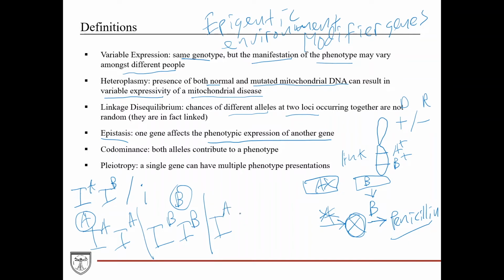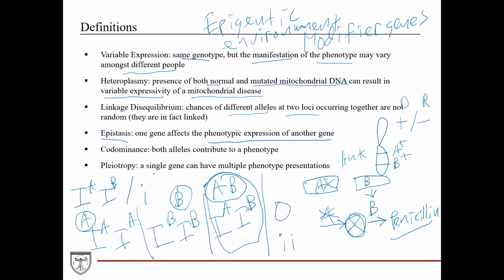And then they can have 1 IA and 1 IB, and this is what gives a person the AB blood type. And so this is an example of codominance. And then lastly, you can have 2 copies of the i, and this is O blood type.